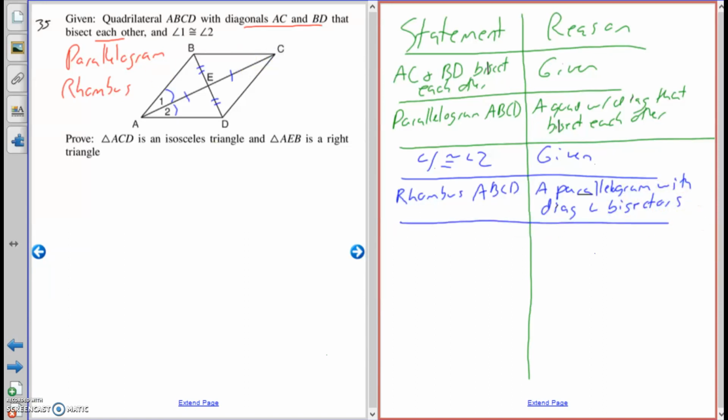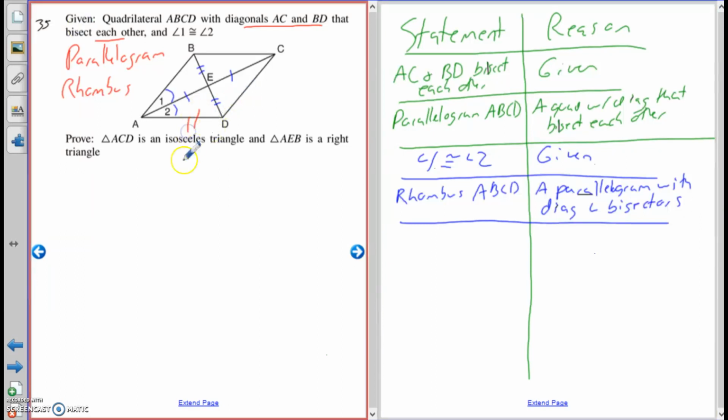And there's a couple ways to prove a rhombus. If you can prove adjacent sides are congruent, or if you can prove diagonals are perpendicular, or if you can prove a diagonal is bisecting an angle. And that's what they gave us, a diagonal bisecting an angle. So they gave us a parallelogram, they gave us a rhombus, they just gave it to us in a hidden way.